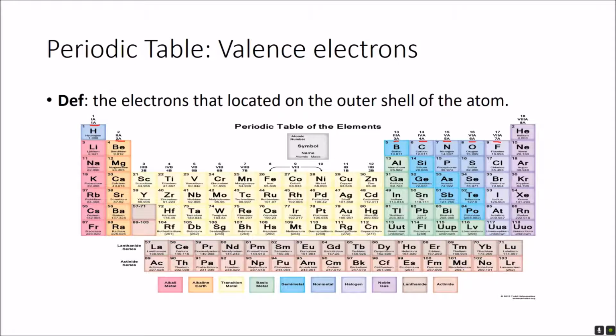That group has one valence electron, and this group has two. That group has 3, and that group has 4. This group has 5, this group has 6, and this group has 7. And noble gases have no valence electrons, and that's why I say they are the most stable elements in the periodic table.